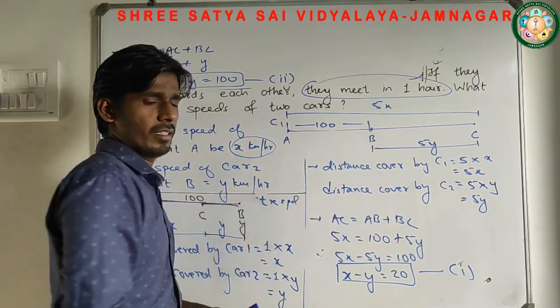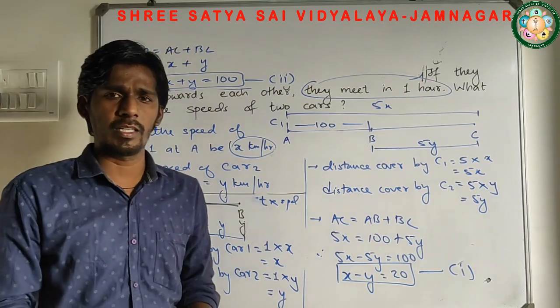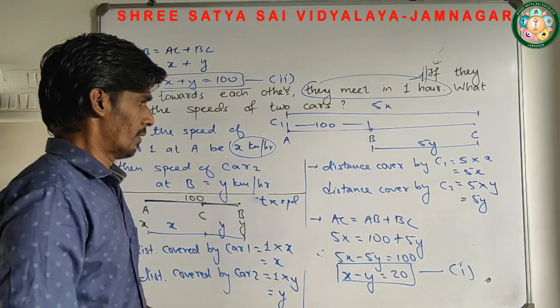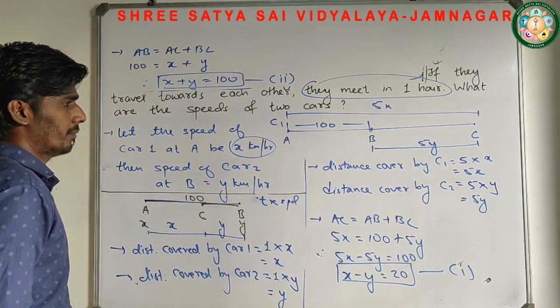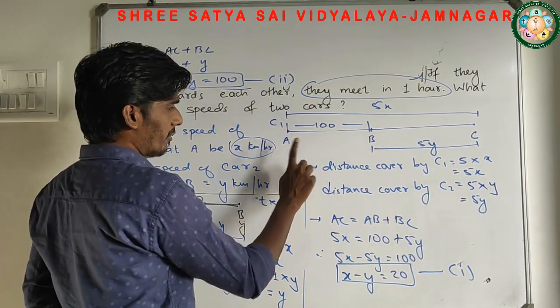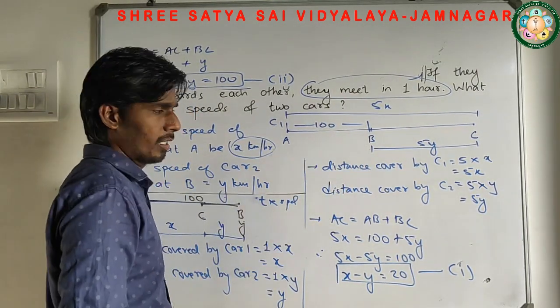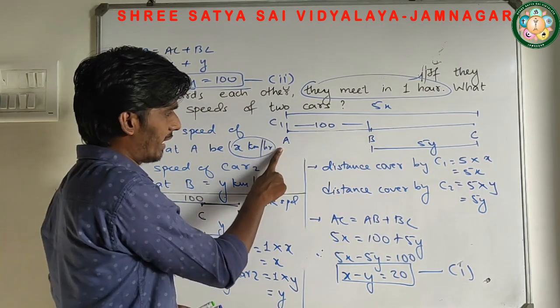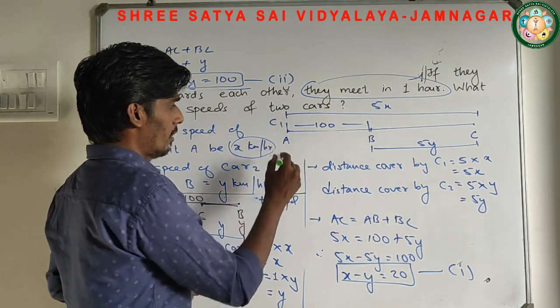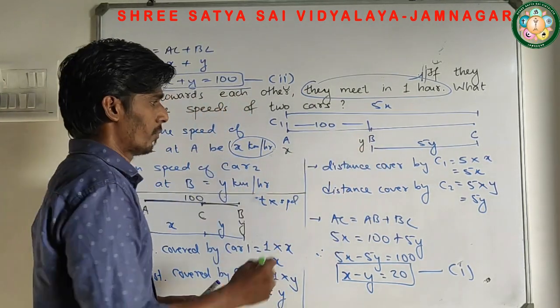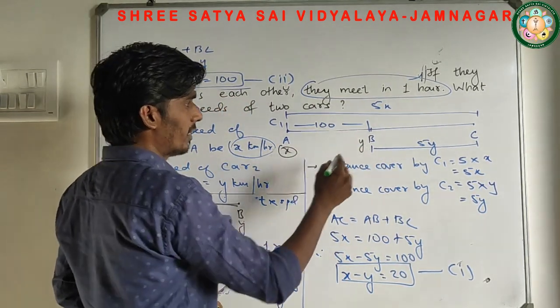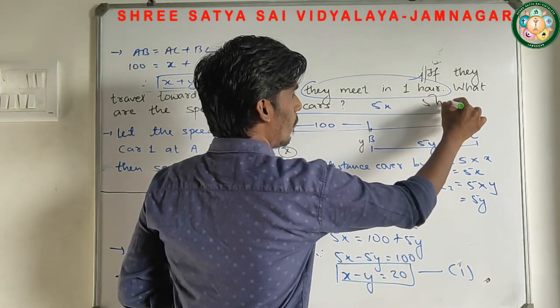This is the reason I told you this is somewhat more difficult than all other questions. Let me repeat all the things in quick revision. First of all, 2 points are given, 2 positions A and B. Let the car which is at point A, its speed is X, and the car which is at point B, its speed is Y. We know the speed, we know the time taken is 5 hours.